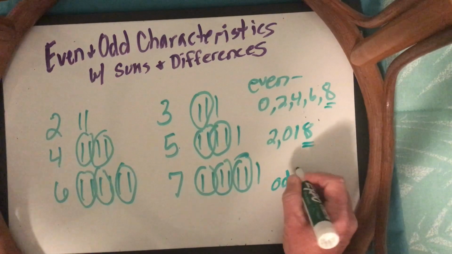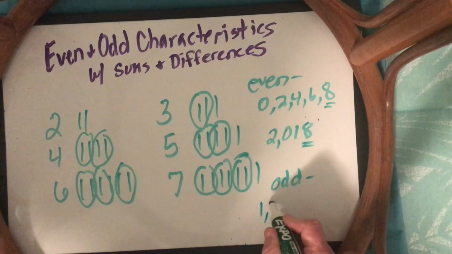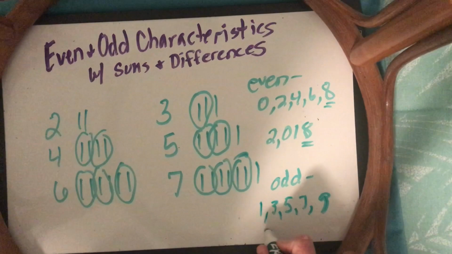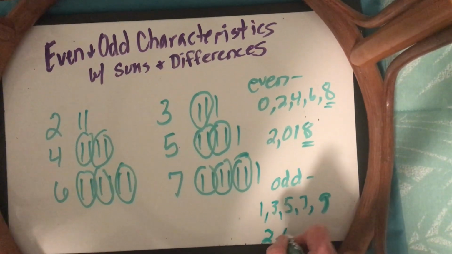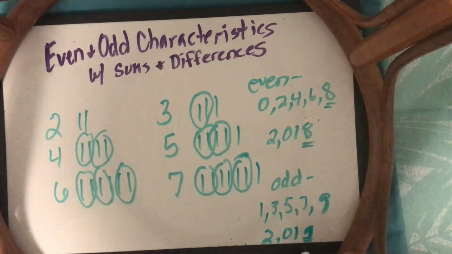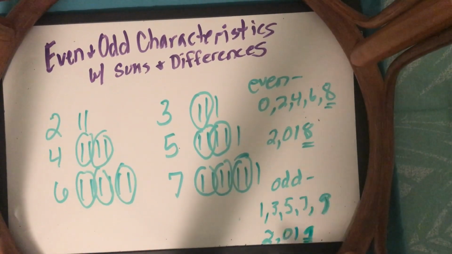For odd, we're talking about numbers that end in 1, 3, 5, 7, 9. So if you have a number like 2019, that's going to be odd because we only look at the ending digit. This 2 doesn't matter. It's only the ending digit.